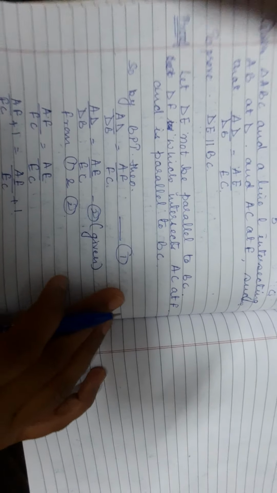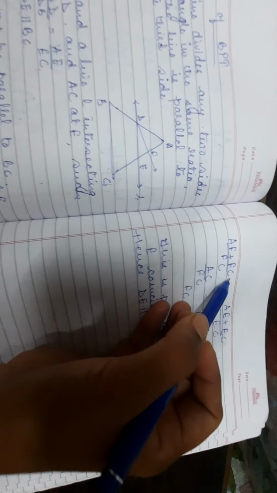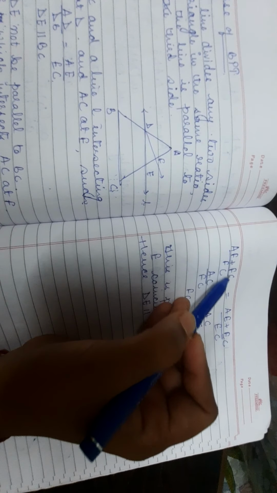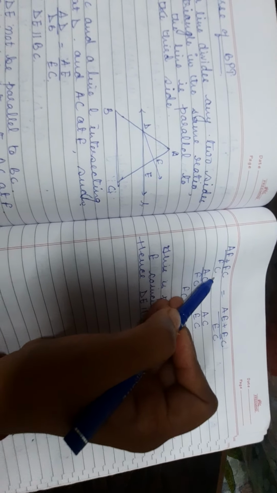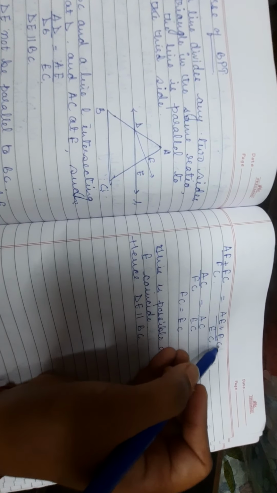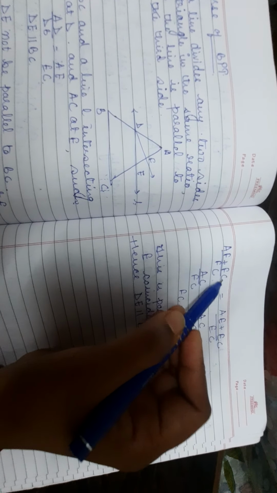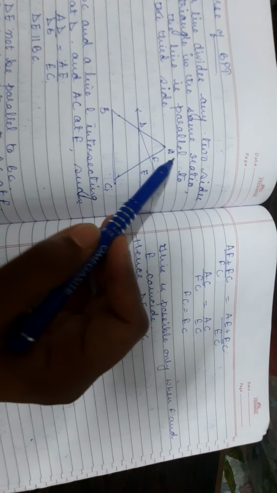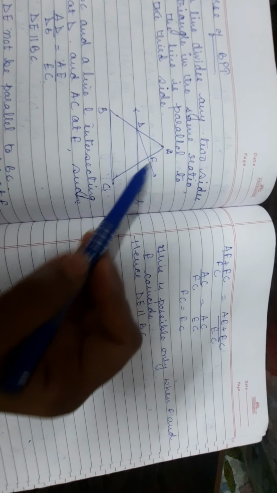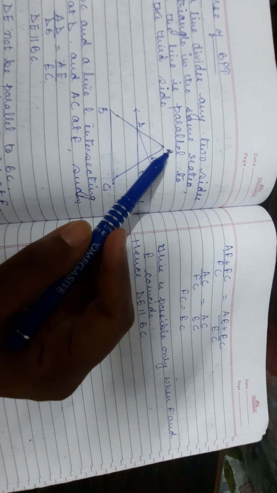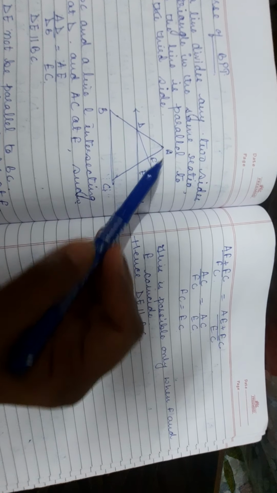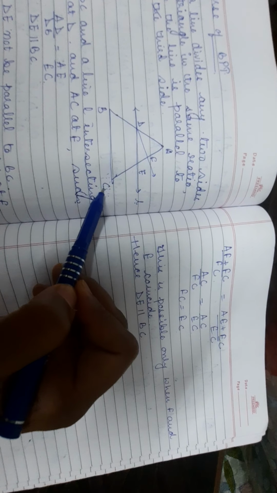Now we will add 1 to both sides. After adding that, we will solve it and taking the LCM, we will get AF plus FC upon FC is equal to AE plus EC upon EC. AF plus FC is equal to AC, and here AE plus EC is also equal to AC.